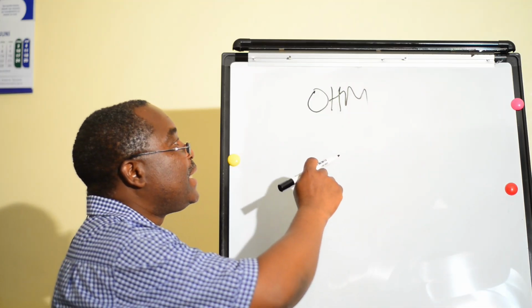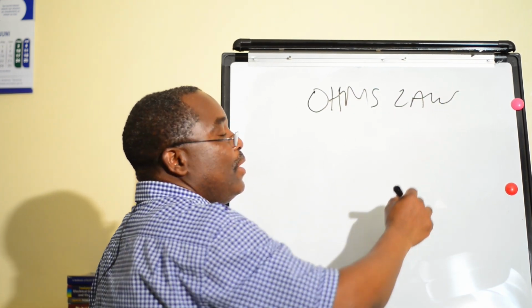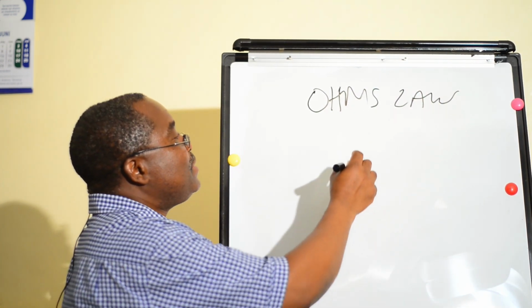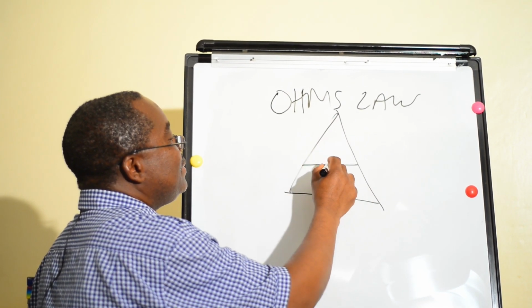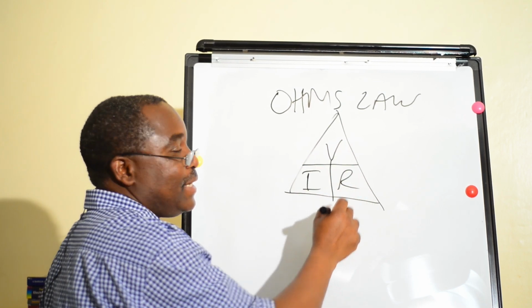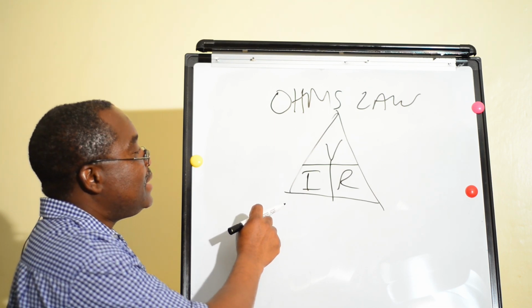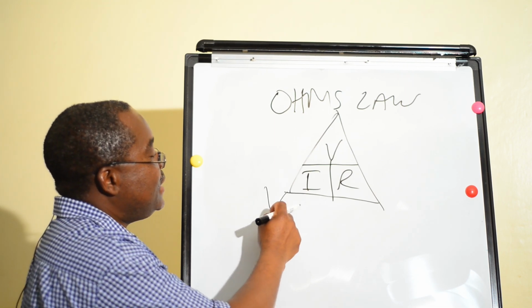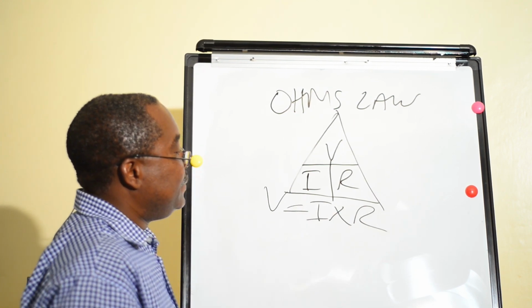We'll continue with the recap on Ohm's law. Ohm's law can be shown as an Ohm's law triangle. We have volts here, current here, and resistance here. In simple algebra, we learned in lesson 2 that voltage is the relationship between current and resistance.